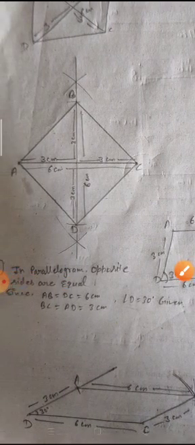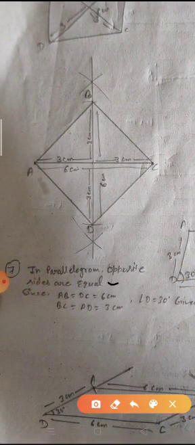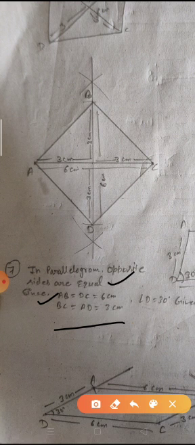So in a parallelogram we know opposite sides are equal. So given AB and DC equal to 6 centimeters, and BC equal to AD equal to 3 centimeters. Angle D is equal to 30 degrees.